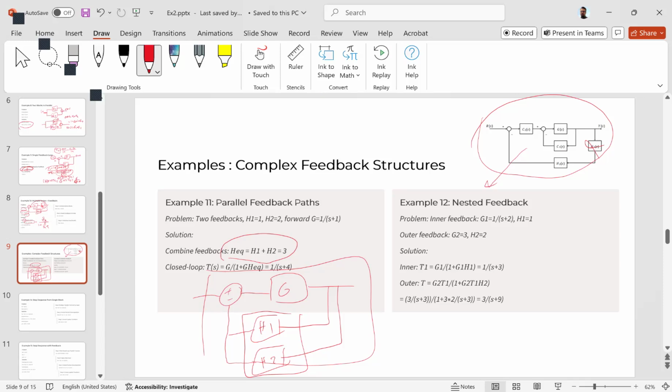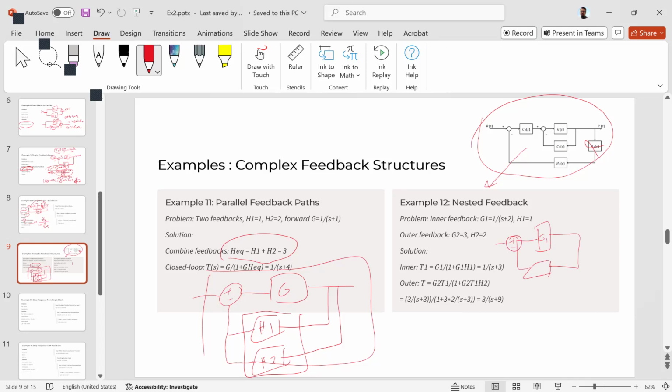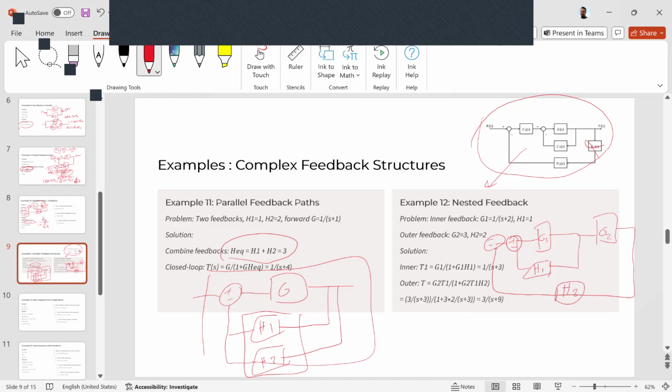Okay, so what you have is one forward path that is going to be fed back from its input. Oh, sorry. Minus plus. And then another forward path that is going to be fed back again from the general input.